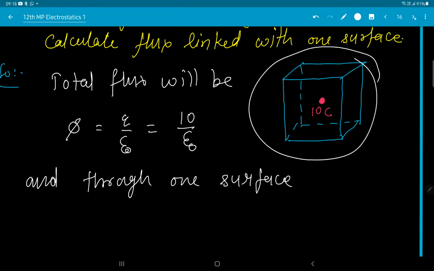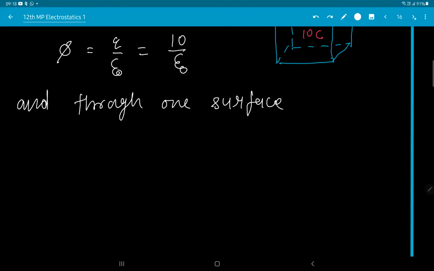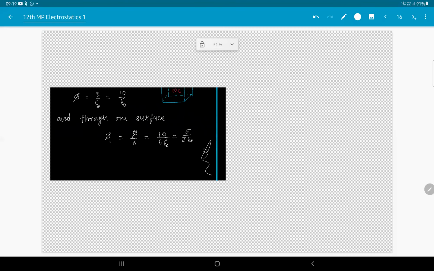Six. Definitely the flux linked with each surface will be the same, because the charge is at center. So flux through one surface phi 1 will be equal to 10 by 6 epsilon naught. It becomes 5 by 3 epsilon naught. Answer done. Simple.